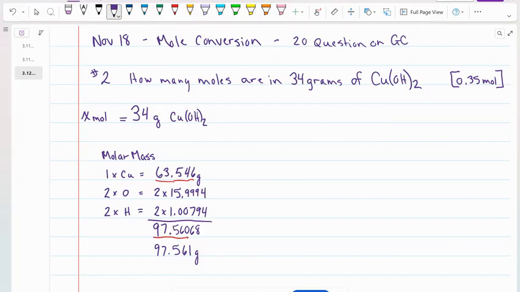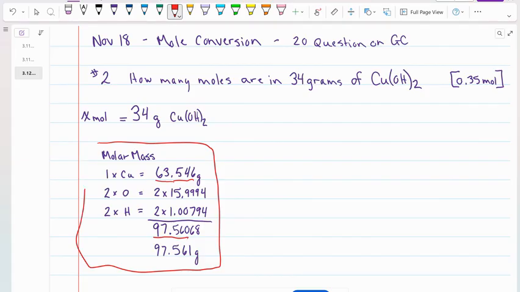Okay? So again, we're going to use this up on top. This is kind of like a side calculation. I know I put it right in my notes, but you can do that anywhere. You don't need to show it to me unless you're having issues with it. But we are now going to multiply by a conversion factor. We know that we need moles on the top and grams on the bottom.